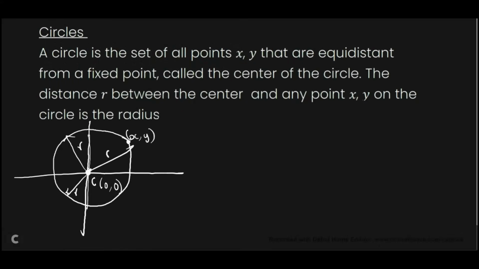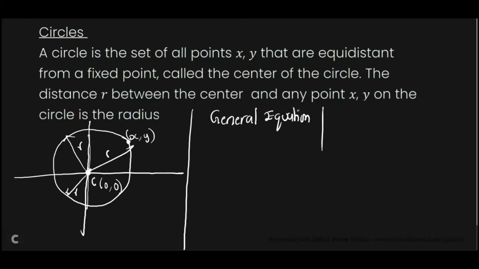The circle has an equation, right? So what type of equation does the circle have? The circle has the general equation and also what we call the standard equation. So let's start with the general equation of the circle.